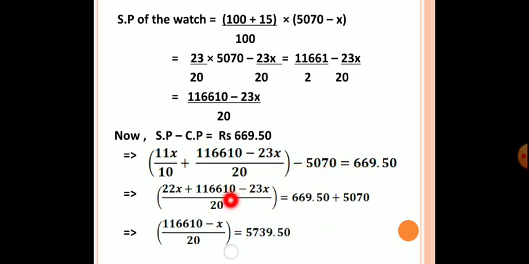So solving this equation, taking 20 as the LCM, we will have 22x plus 1,16,610 minus 23x is equal to, bringing this 5070 to the other side, it will get added to 669.50. So we'll have (1,16,610 minus x) divided by 20 equals 5739.50.